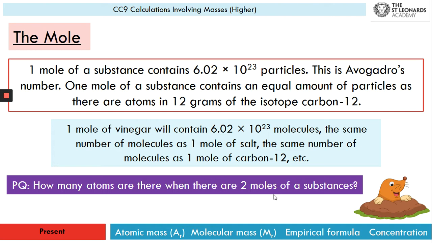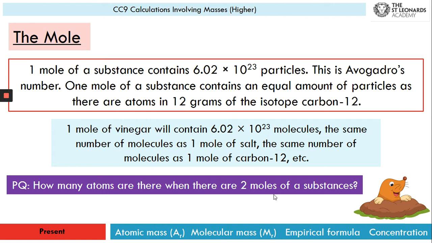So as I said, 1 mole of a substance always has the same number of particles. Okay, it contains 6.02 times 10 to the power of 23 particles. This is known as Avogadro's constant, or Avogadro's number. Okay, and that means that if I had 1 mole of a particular substance, it would always contain that many molecules.